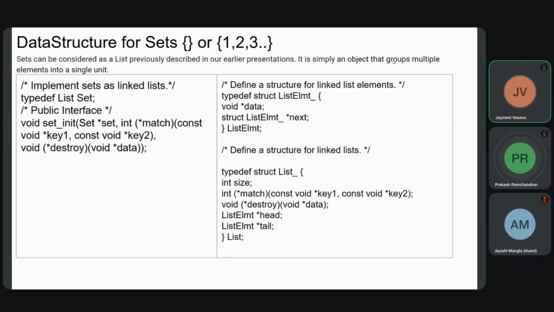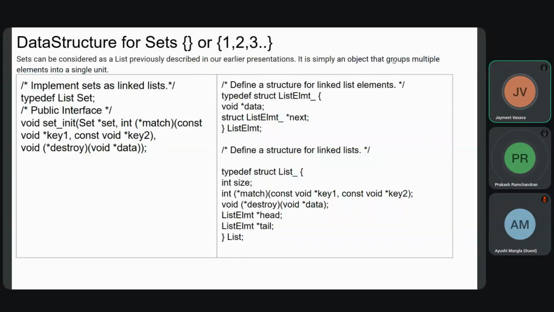Here, just for the example, on the right we can see the initiation of the set and its arguments with the help of function pointers: the set with the set pointer and the function pointer match, which takes two arguments, key1 and key2, basically to compare two elements of the same set.